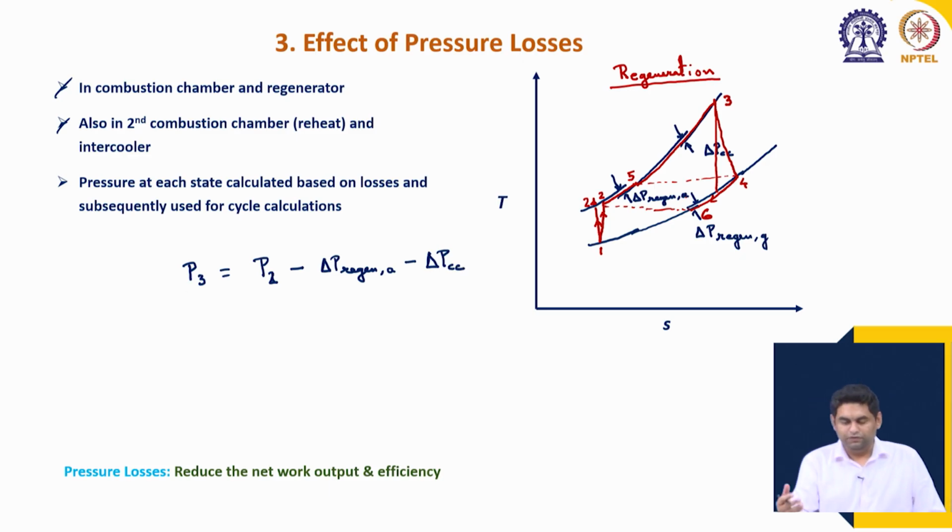Instead of being equal to P2, this is slightly lower than P2, and if we know what values these parameters have, then we can find out what the pressure P3 should be. Temperature of course is fixed, equal to the turbine inlet temperature, which specifies the state, and we can proceed with the calculations.